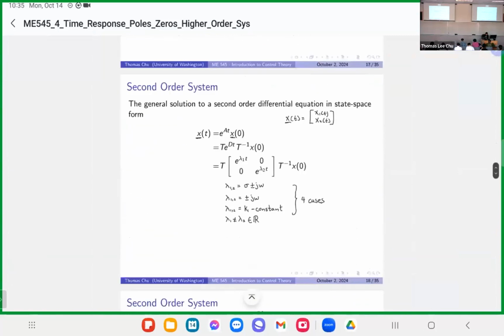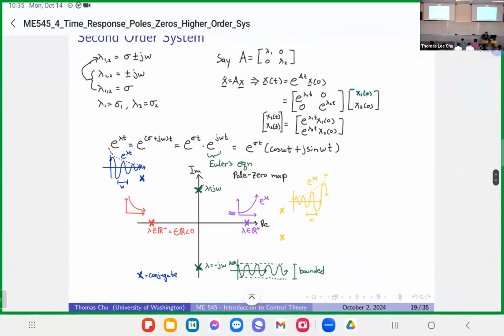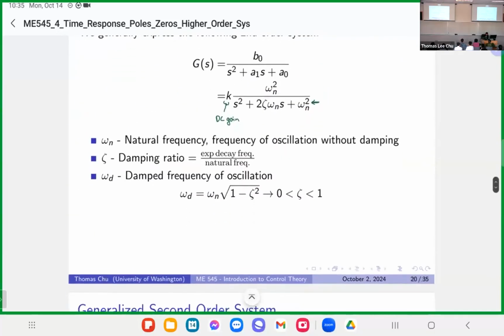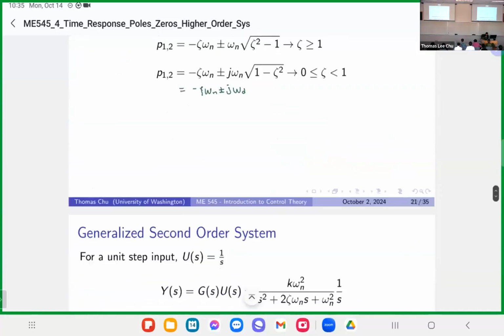And then for second order systems, you get the possibility of an exponential decay or growth response, an oscillation response, or a combination of the two, where you have exponentially decaying or growing oscillation. And then we derived the general solution.